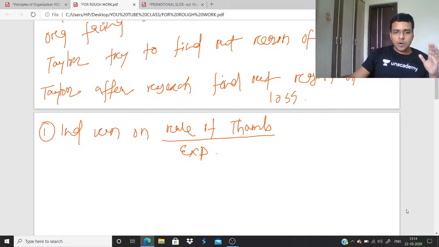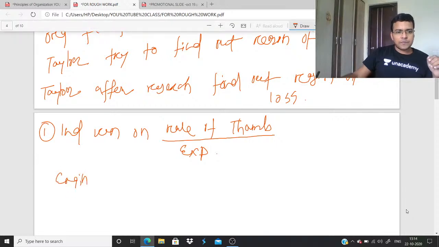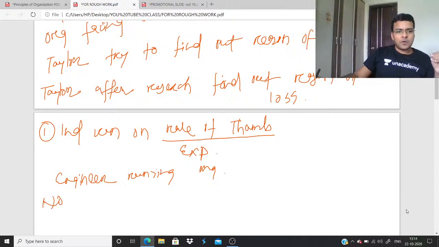Like that, organizations run on the basis of rule of thumb. Here engineers are running the organization and no experiment is conducted.